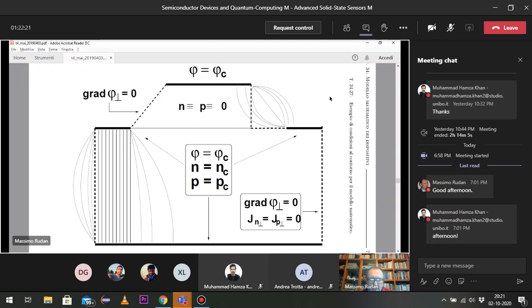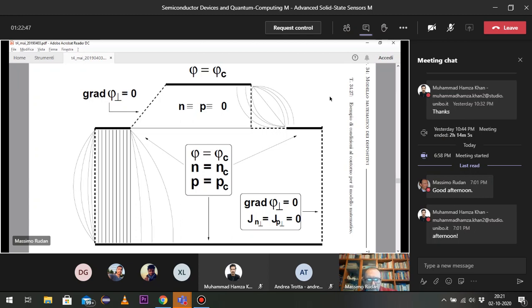Now we have to discuss the boundary conditions of the concentrations, okay? So if you look at the oxide, of course, the carrier concentrations are identically 0 inside the oxide, so there is nothing to solve, okay? The problem is already okay for the oxide regions, okay?